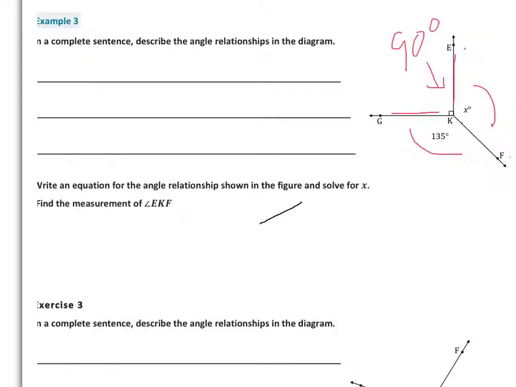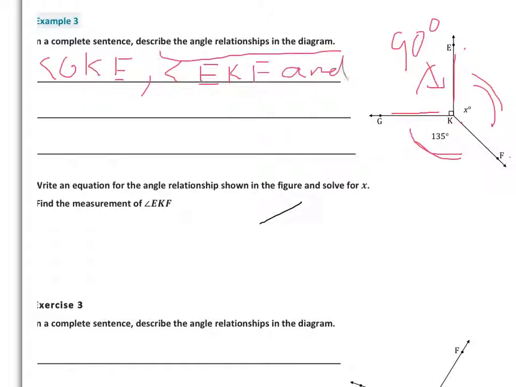So if I want to write a complete sentence to describe the angle relationships, if I want to answer this question right here, what I want to do is notice that this angle plus this angle plus this angle forms a complete circle, which means that angle GKE, angle EKF, and the last angle, angle GKF, and I'm going to use an abbreviation.